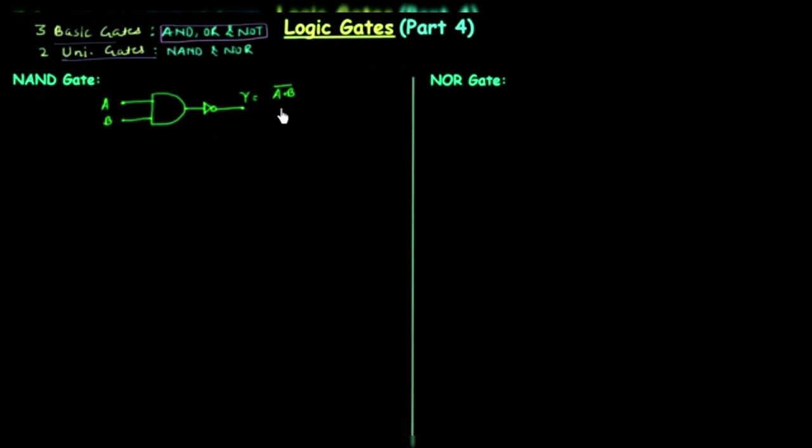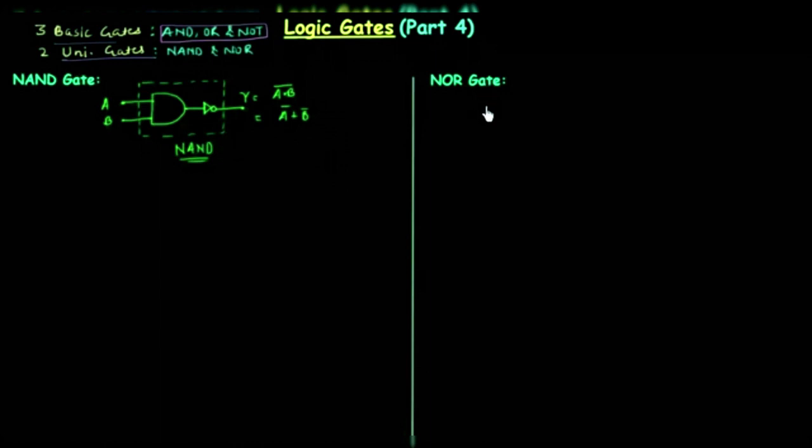So this is what we have in a NAND gate. This whole unit, including the AND gate and NOT gate, will work as NAND gate, and the output, if we simplify by using De Morgan's law, is equal to A complement or B complement.